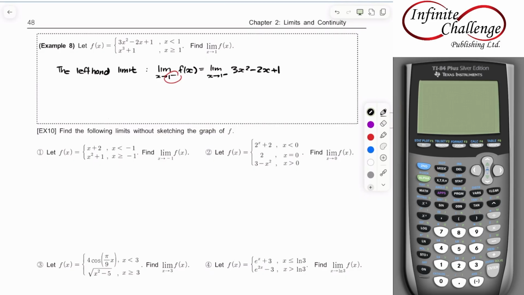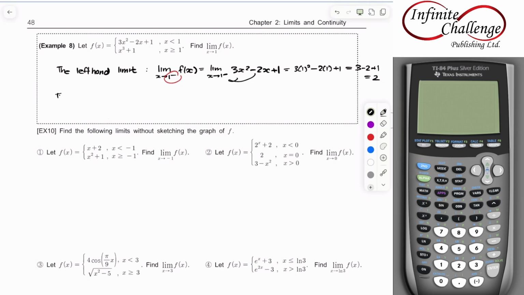We just use the direct substitution property to plug in 1, and we get 3 times 1 squared minus 2 times 1 plus 1, which is 3 minus 2 plus 1, which is just 2. So the left-hand limit approaches 2 as x approaches 1 from the left-hand side.